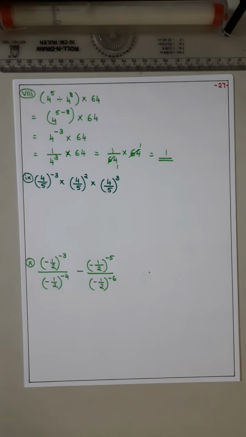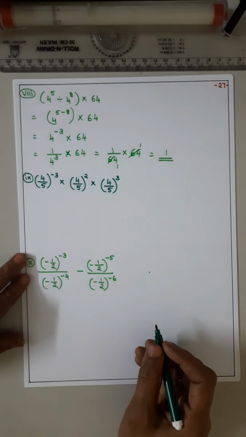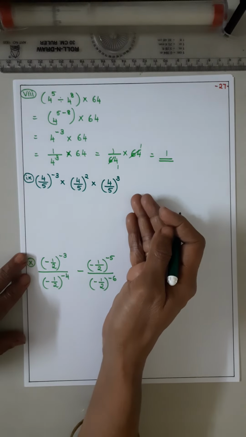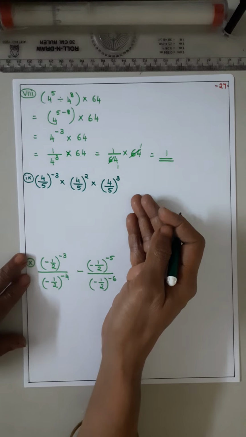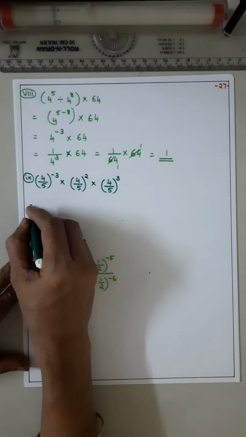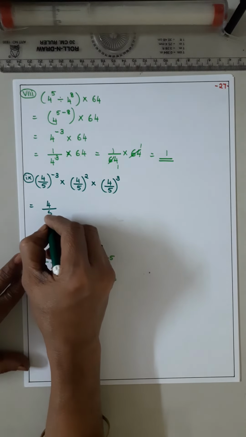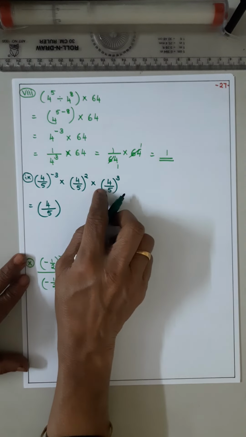Now coming to the ninth sum. Again it is, how are the bases? All bases are same. So 4/5, in between it is multiplication sign.